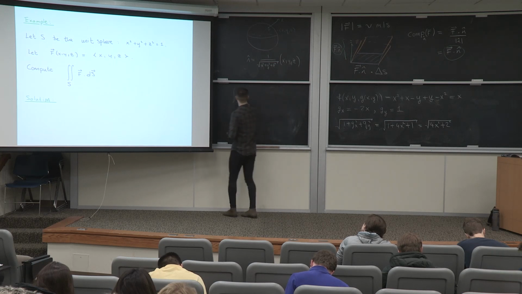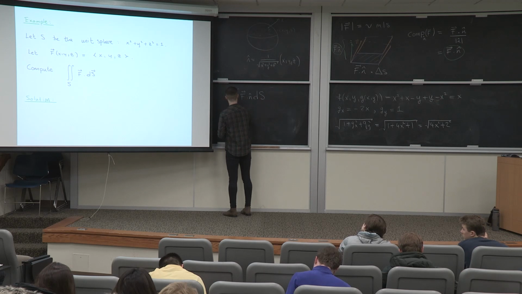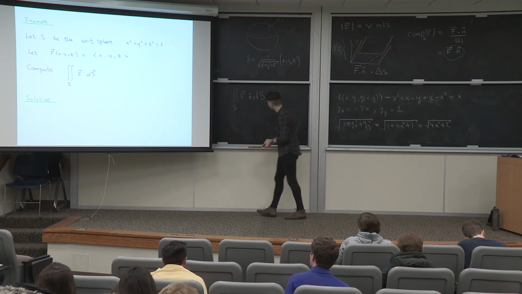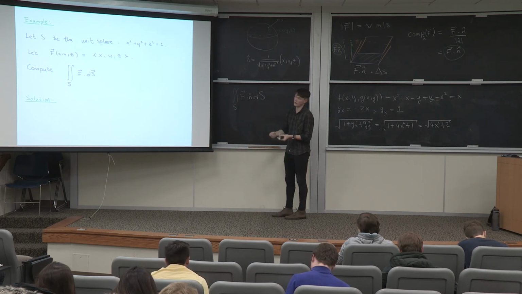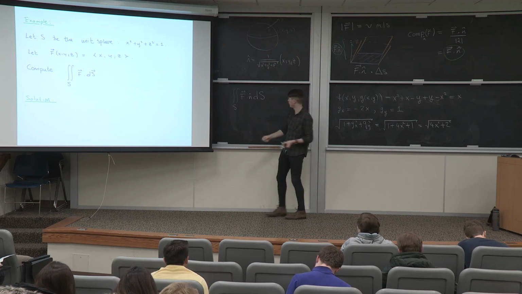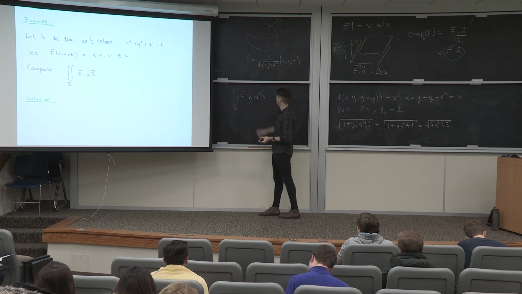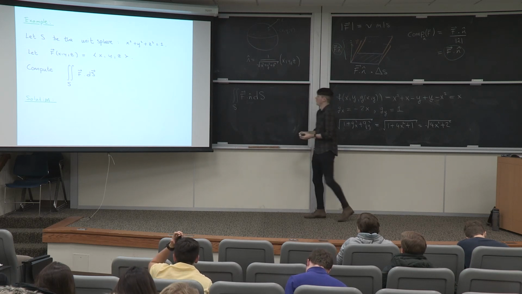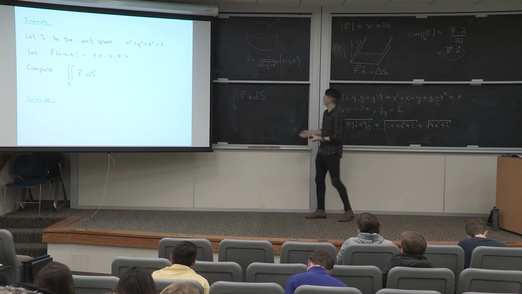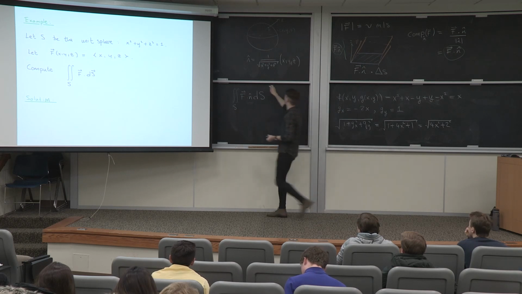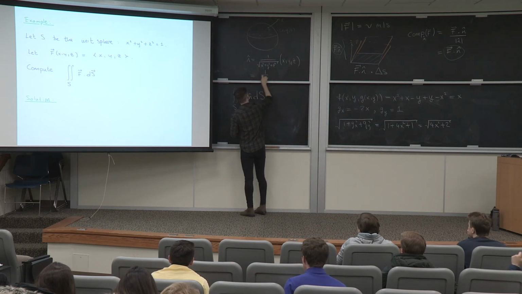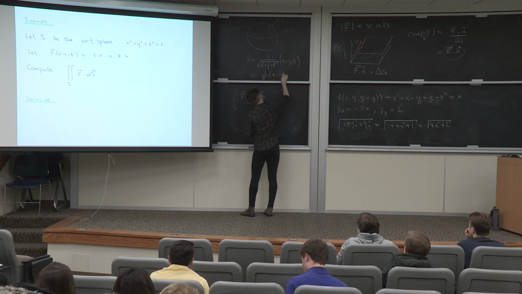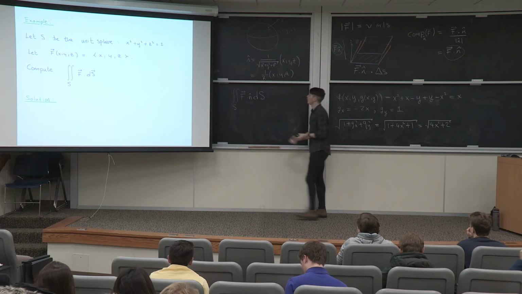If I want to compute the integral over S, well, they give me F, so there's nothing to compute there. They give me n too, so I can pretty much write down what this is. For an arbitrary sphere, n is 1 over r times xyz.